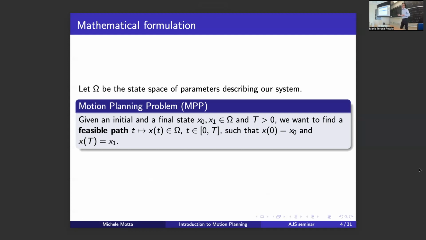This omega usually is a subset of R^n or a subset of a manifold. Once you have an initial and a final state and the prescribed time, what you want to do is find a feasible path that connects the starting point, the initial state, and the final state. So what does this feasible path mean, more rigorously?